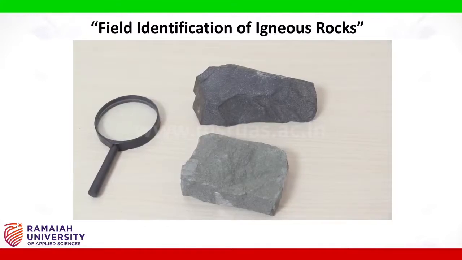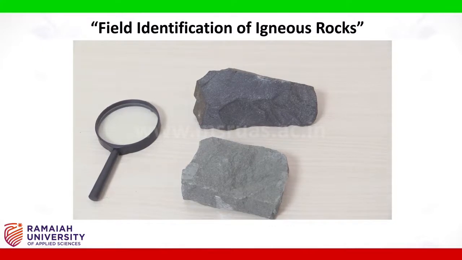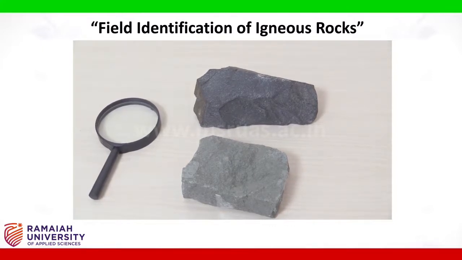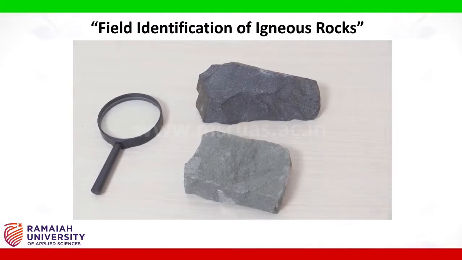In contrast to the phaneritic textured igneous rock, there are certain categories of rocks that are too fine-grained in nature, and individual mineral constituents are very difficult to identify even with the help of a hand lens. So, such rocks are called aphanitic igneous rocks.